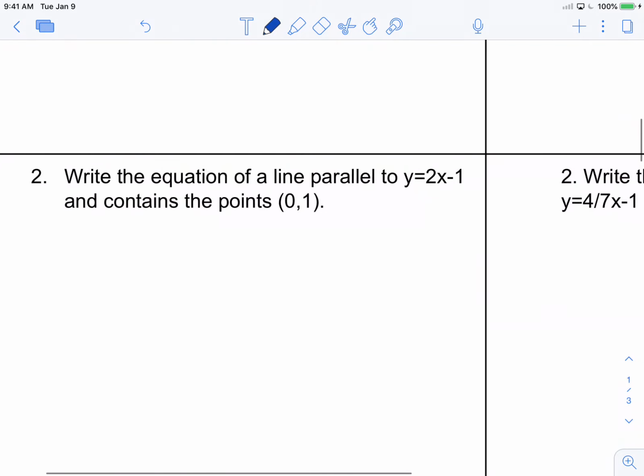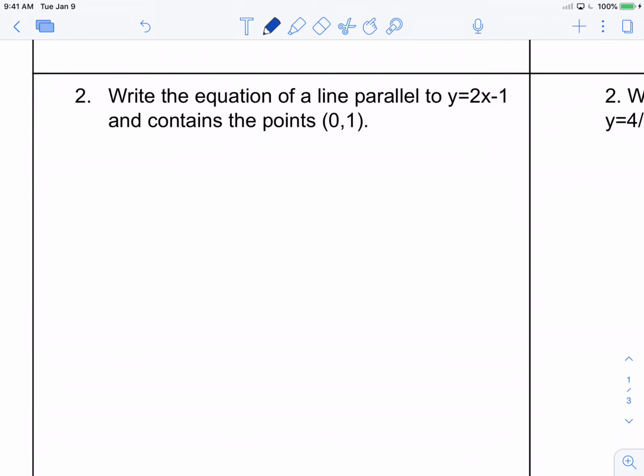All right, another example. Write the equation of a line parallel to y equals 2x minus 1 and contains the point (0, -1). Again, I'm going to write it as y equals mx plus b.